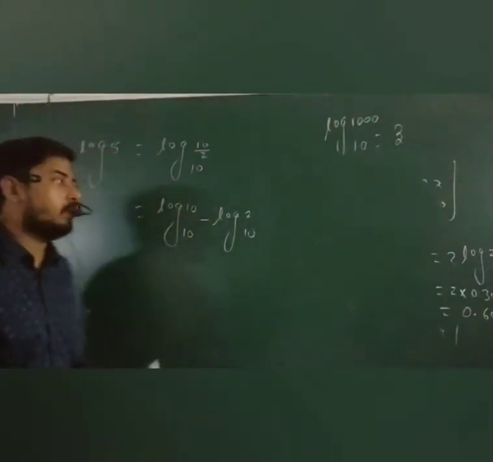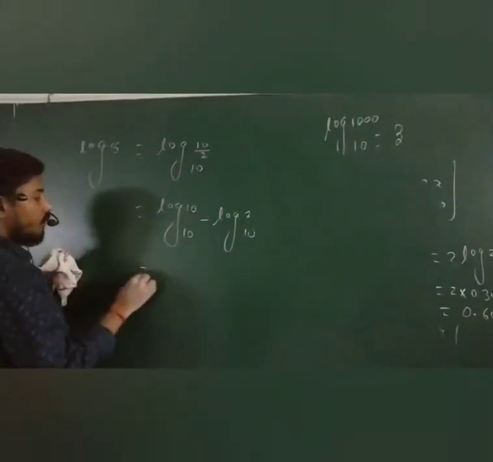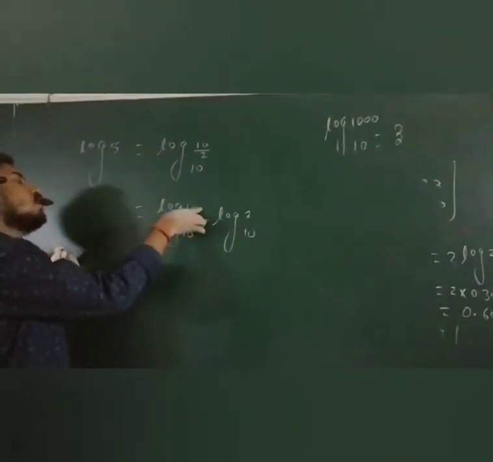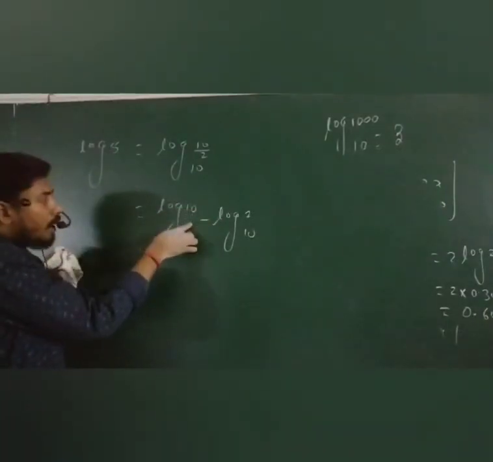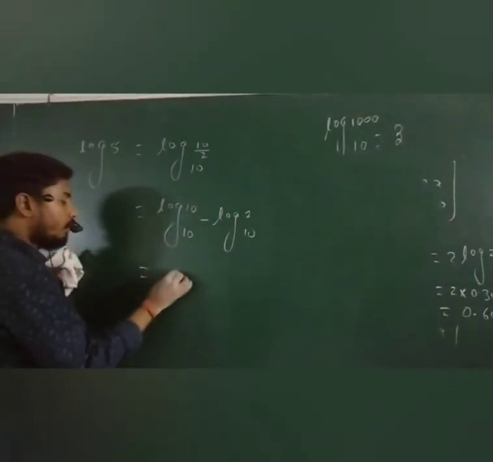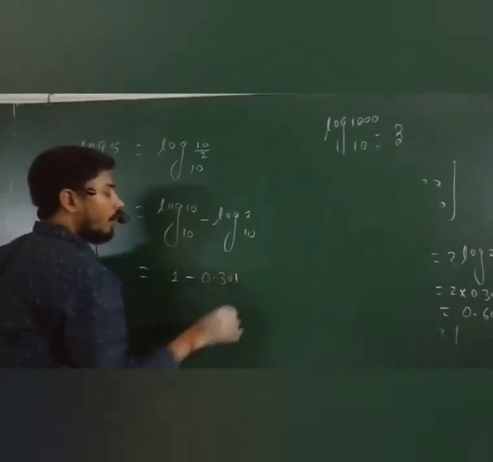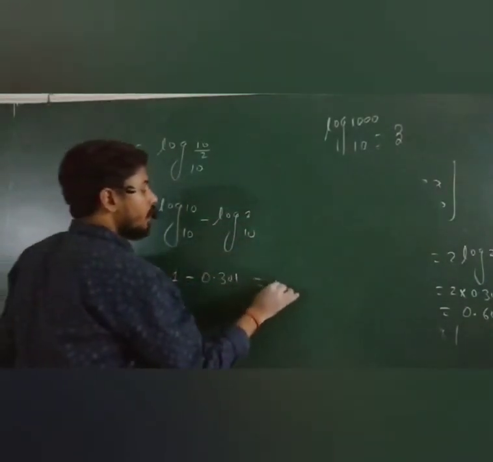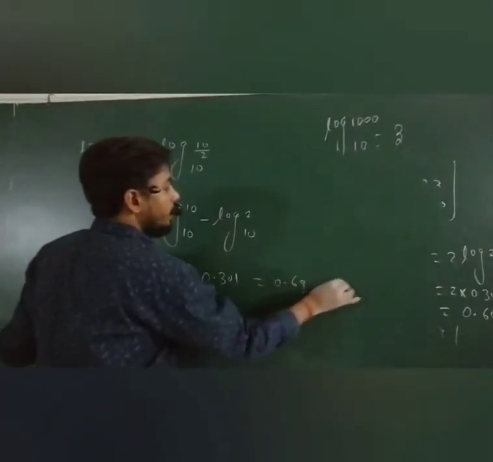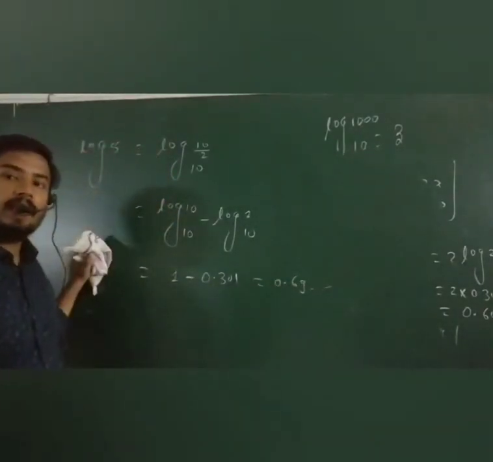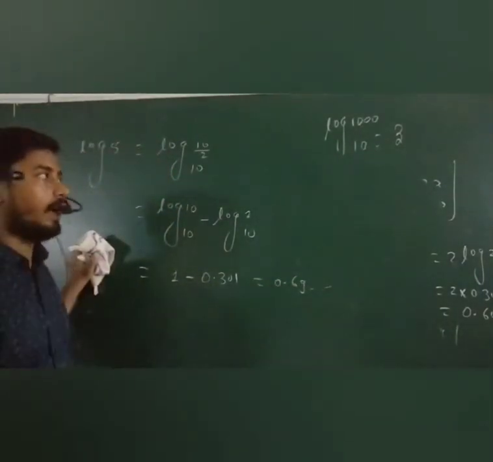Division formula x by y. Log 10, its base is 10 and argument is also 10, so 10 power 1 is equal to 10. So this becomes 1 minus 0.301. So solve this one, this will become 0.69. Done, buddy? So this is the value of log 5.